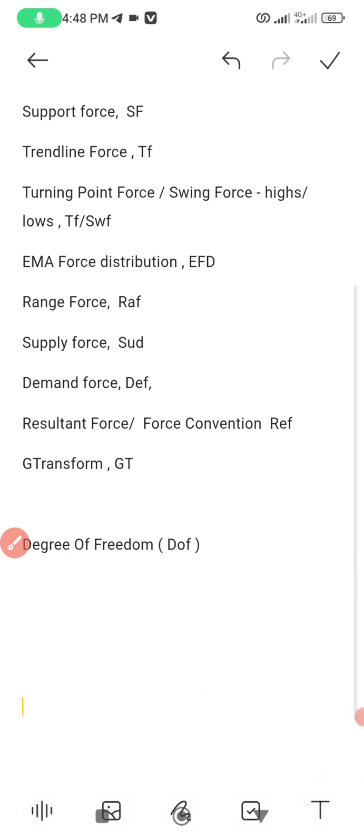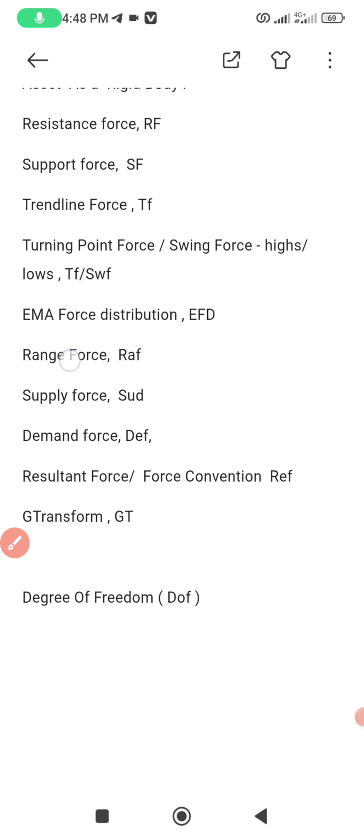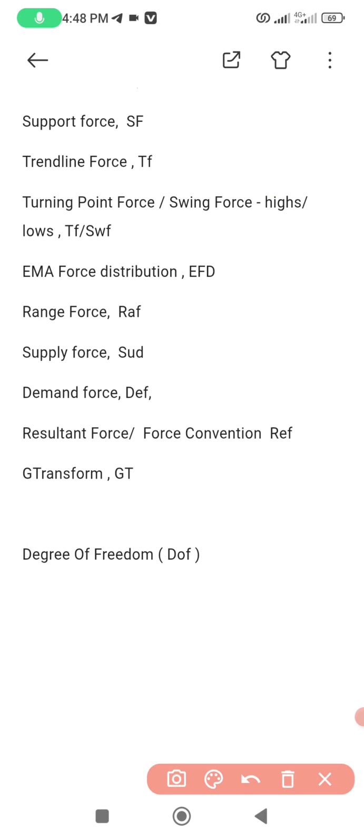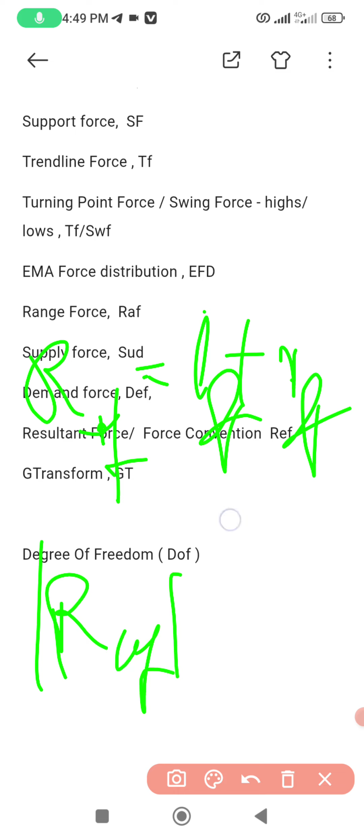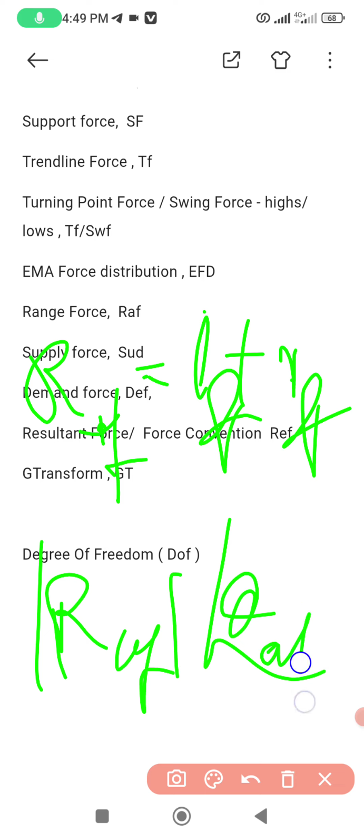Okay, so we have resultant force RF equals impulse force IF plus retracement force. So the magnitude of this force is going to be the RF magnitude, at angle θ.